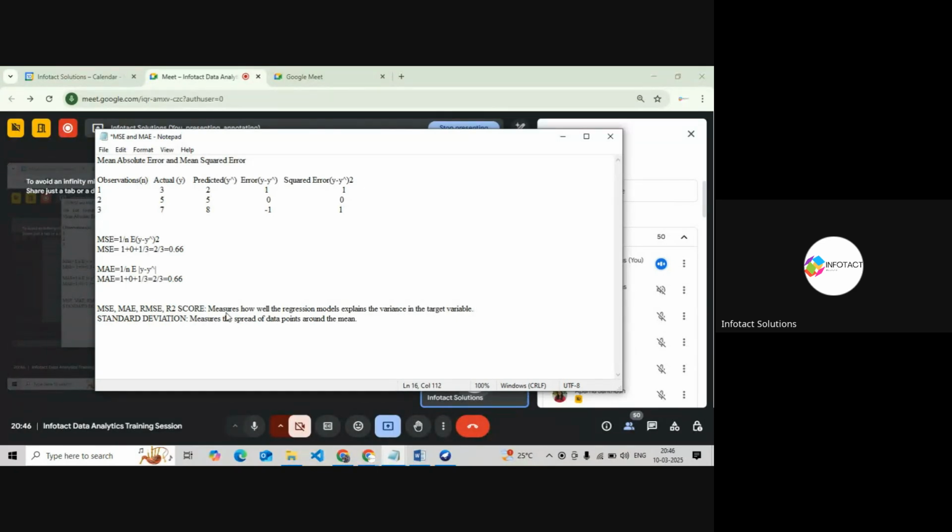R2 is equal to 1 minus SS res upon SS total.